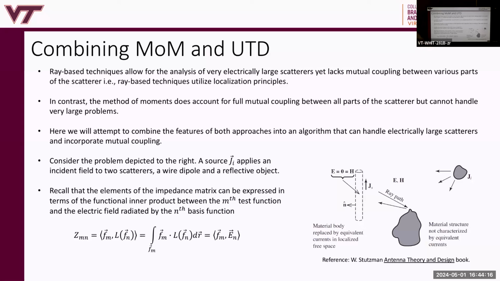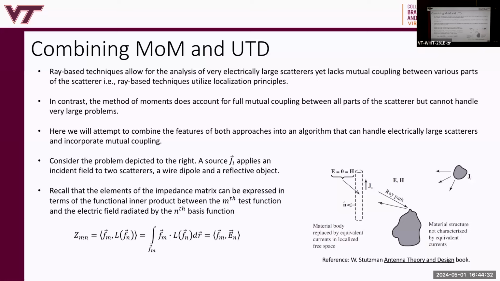So it only knows about the scatterer locally where the point of reflection is. It doesn't know anything about the other parts of the scatterer. Therefore, there's no mutual coupling between different parts of the scatterer, right? The reflection only depends on the local properties and the local piece of the wavefront carried by that ray.